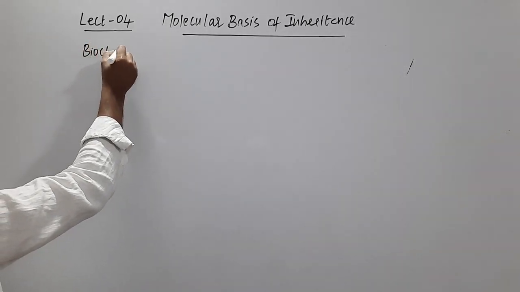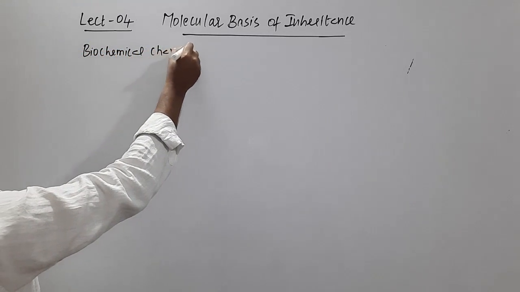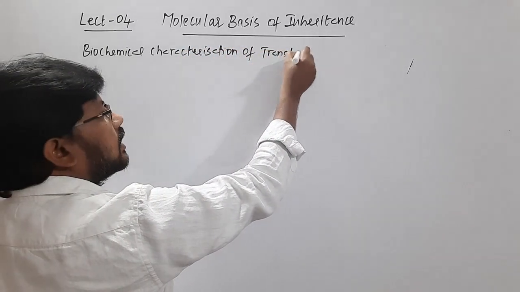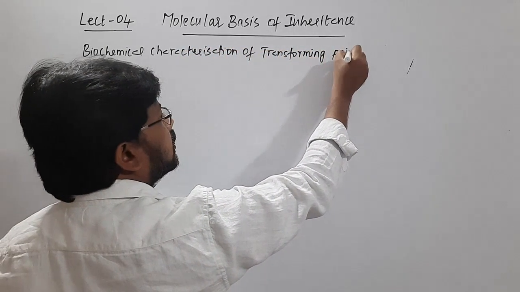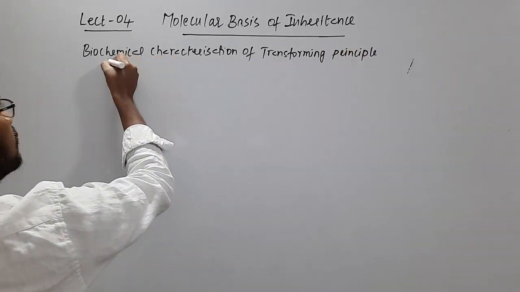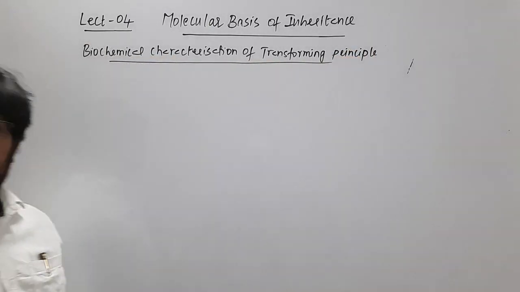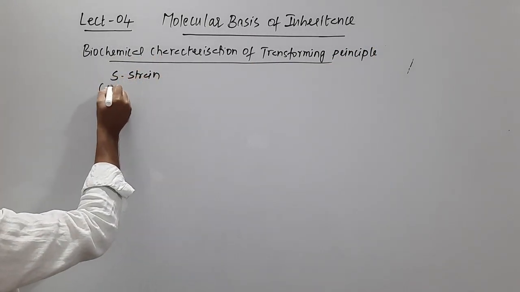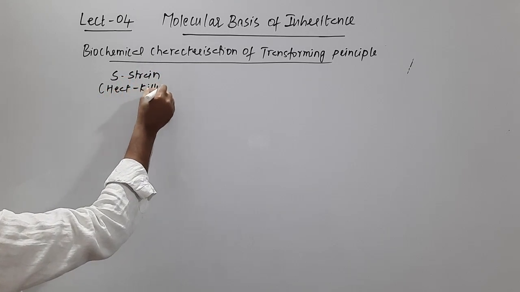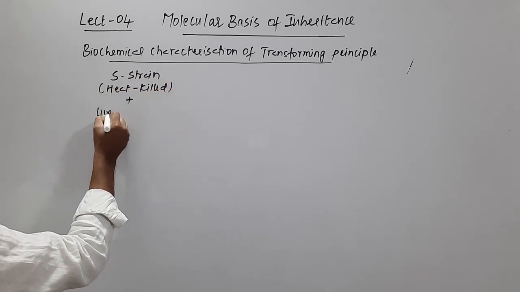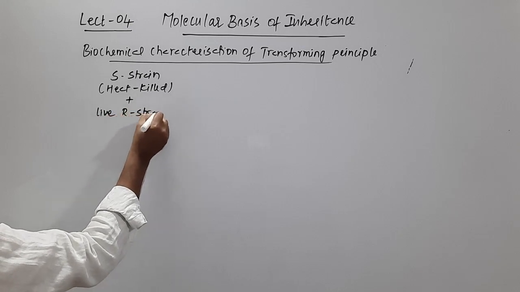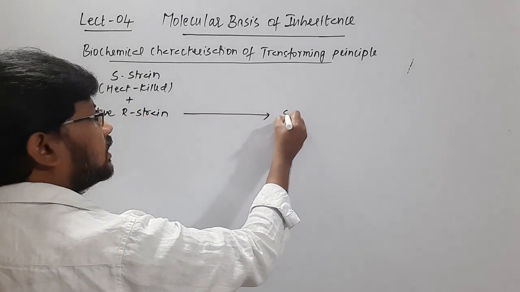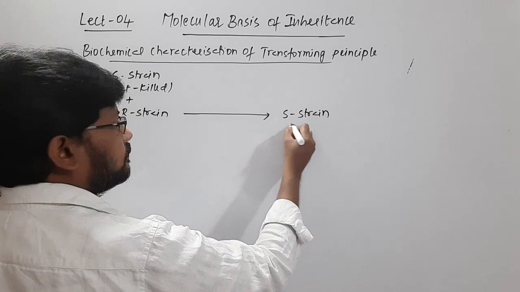So let's begin this session with the biochemical characterization of the transforming principle. In the last session, we understood that Griffith proved the transforming principle, and when he took S strain, heat killed it and mixed it with the live R strain, he saw that the R strain transformed into S strain.